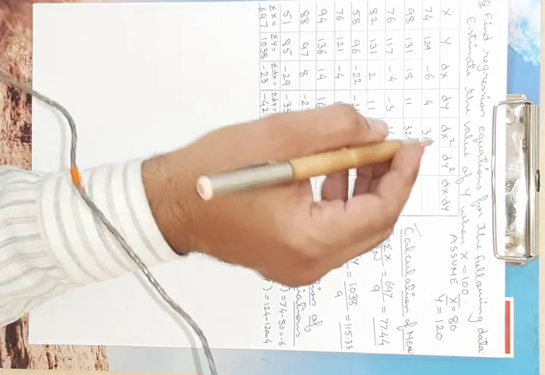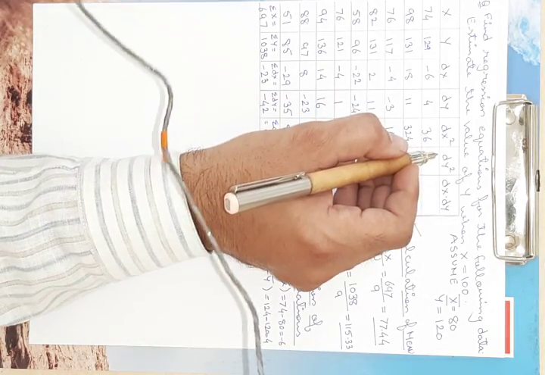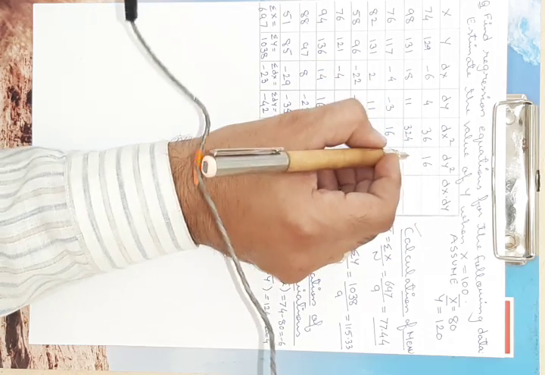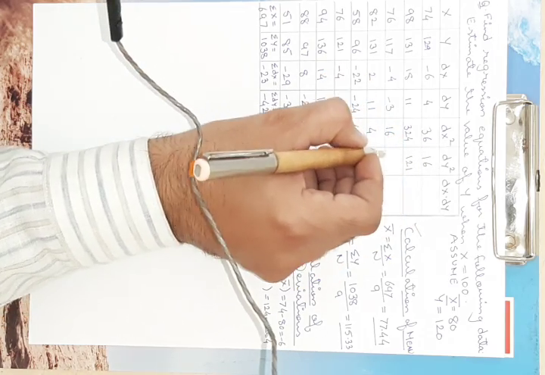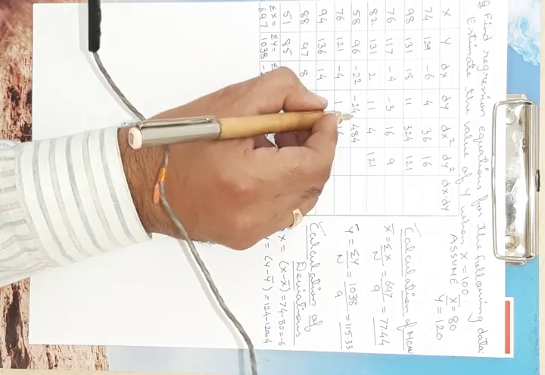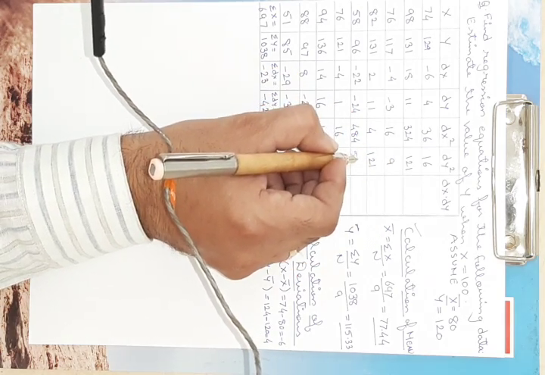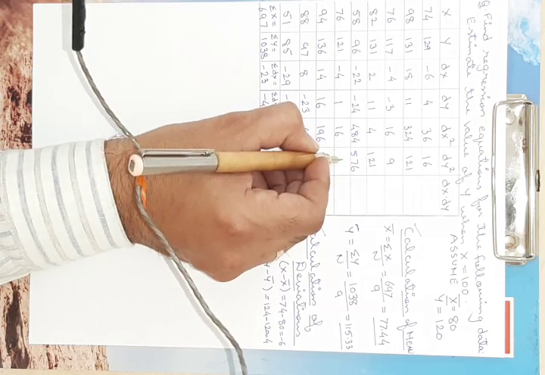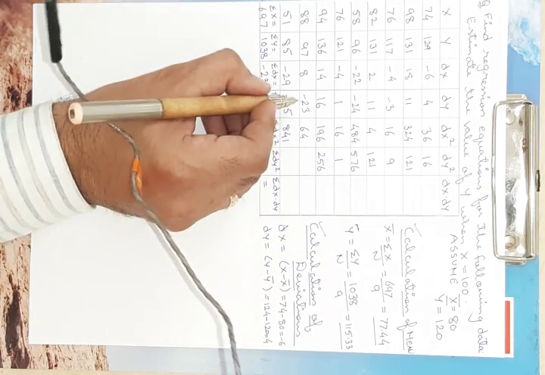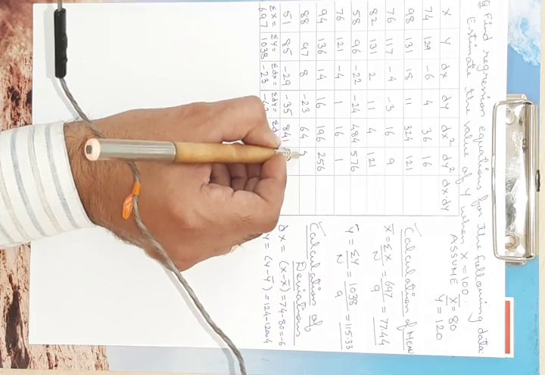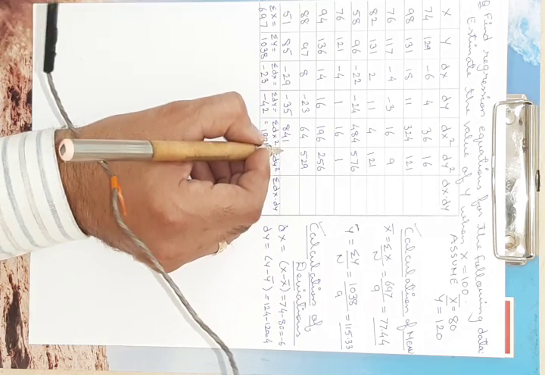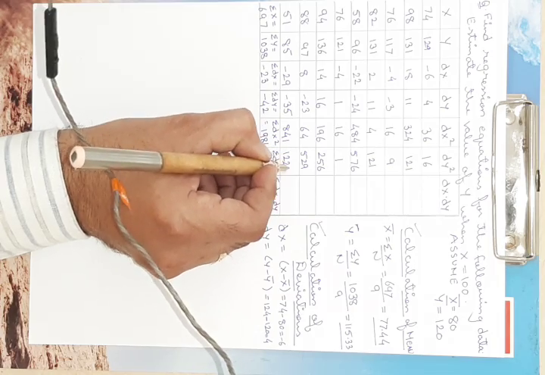Fine friends. Next we need to calculate the value of summation of y square. First is 4 square, that is 16, 11 square, which is 121, minus 3 square, that is 9, again 11 square, that is 121, next 24 square, which is 576, 1 square, that is 1, 16 square, this is 256, minus 23 square, this is 529, and finally 35 square comes out to be 1225.